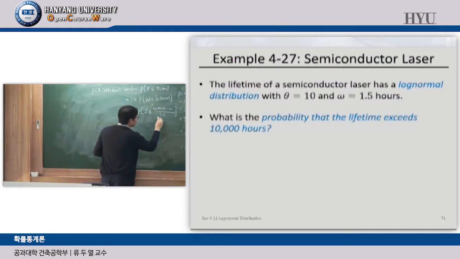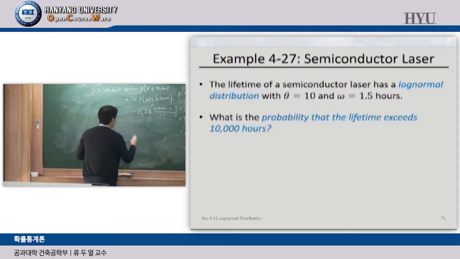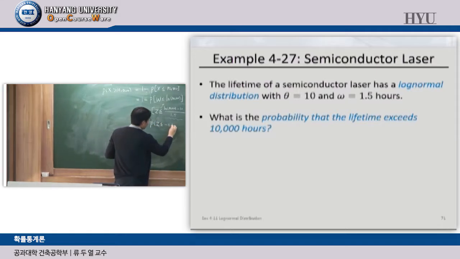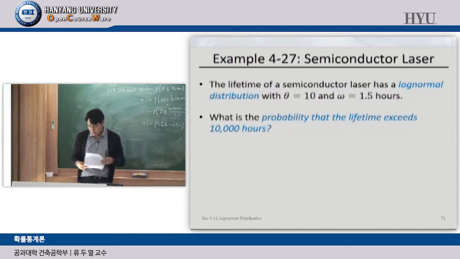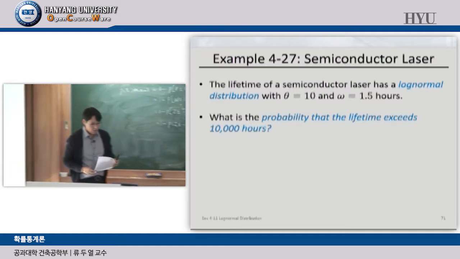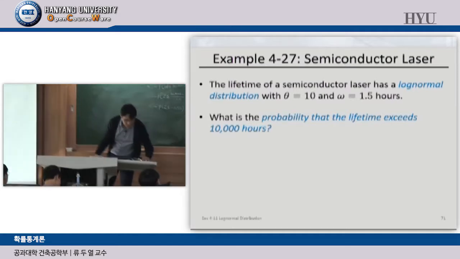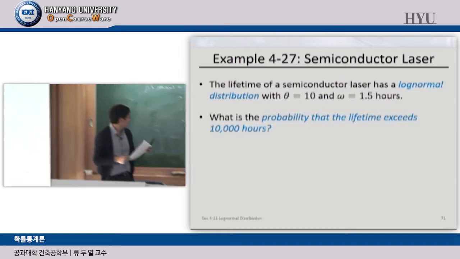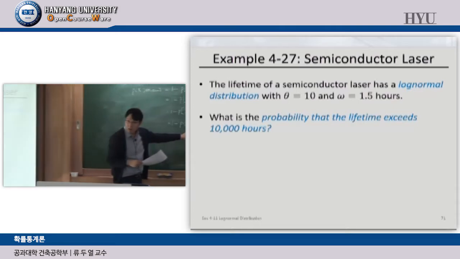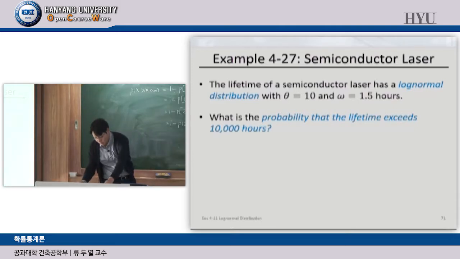And if you calculate this value, this can be rewritten as 1 minus the probability of z when z is smaller than or equal to minus 0.52. And then we use the appendix table. We have to use the appendix table, and we know about this value based on the appendix table.